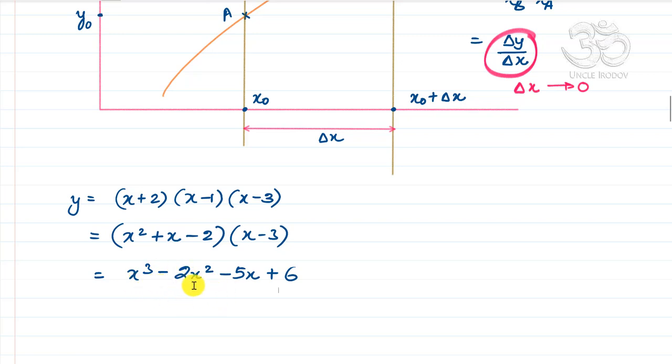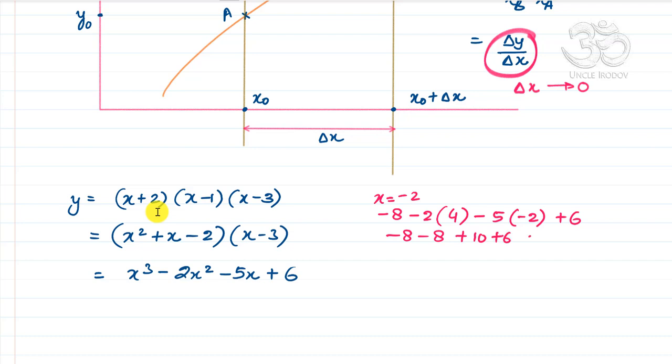So how can we check if we have done it right? If we insert any of these three values, we should get a 0. So x is equal to minus 2 in this equation will give us minus 8, minus 2 into 4, minus 5 into minus 2, and plus 6. So this is minus 8, plus 10, plus 6, which is a 0.